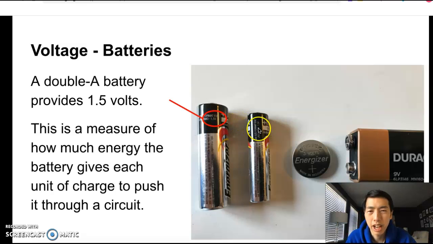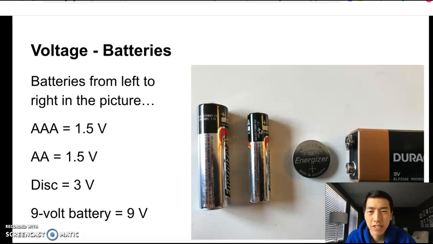Next is a AAA battery. If you look really carefully, it also says 1.5 volts. And then we have a disc battery. So this is the battery actually I use in my kitchen scale. Watches also use disc batteries.